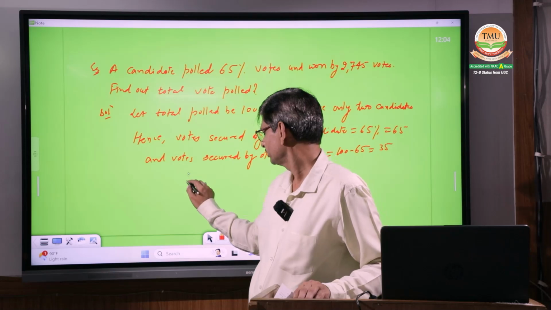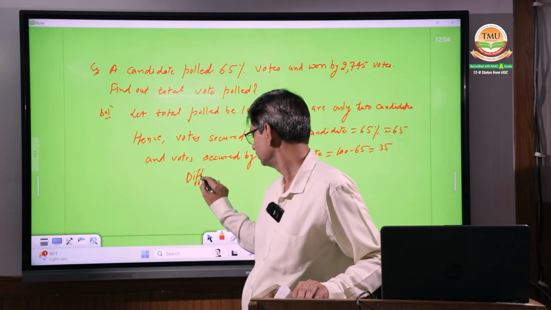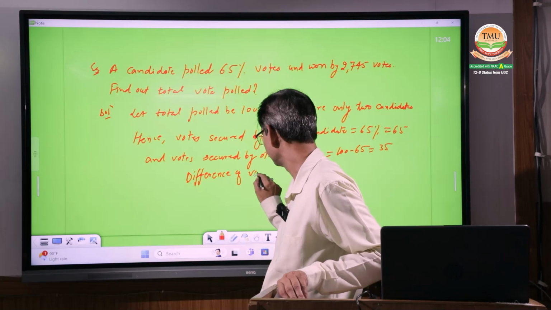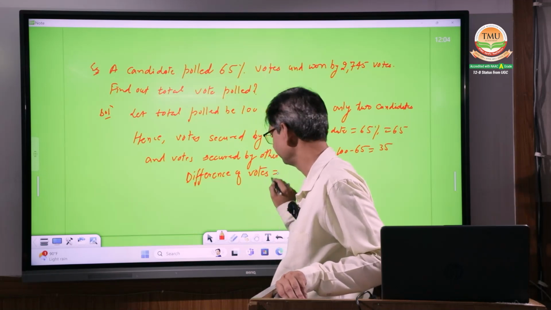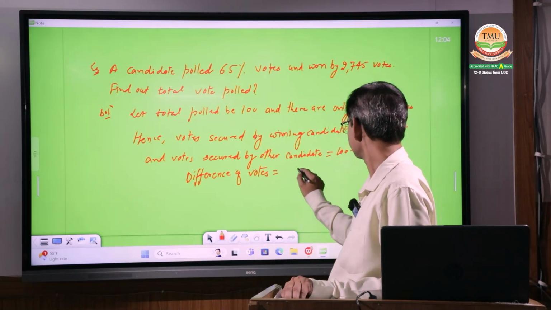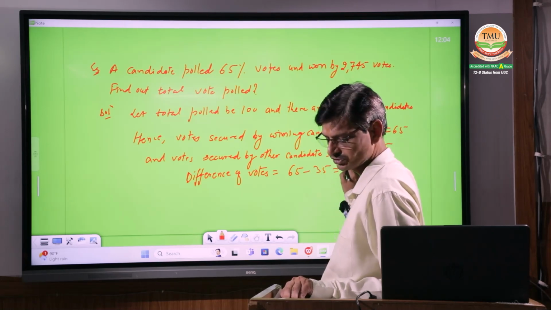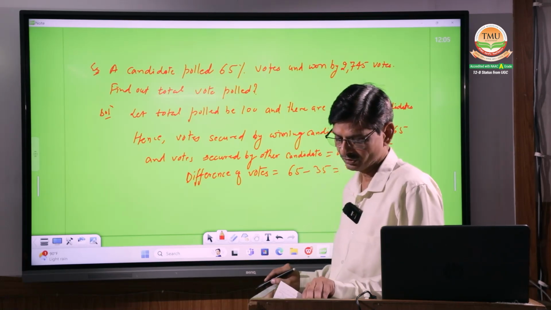That is another difference of both. That is 65 minus 35, which will be 30.